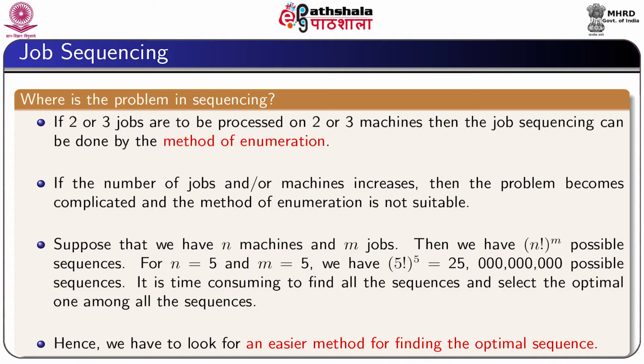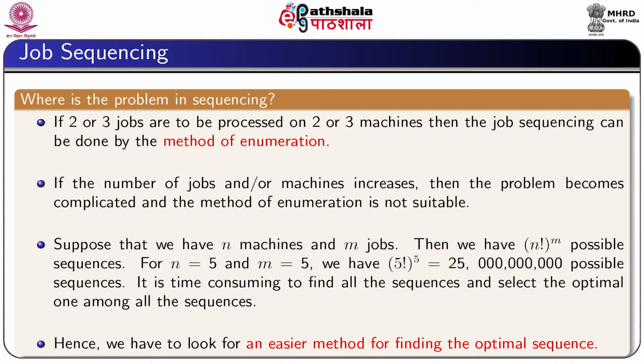As you know, if we have n machines and m jobs, then we have (m factorial) to the power n possible sequences. For n equal to 5 and m equal to 5, we have clearly (5 factorial) to the power 5, that is, 25 into 10 to the power 9 possible sequences.